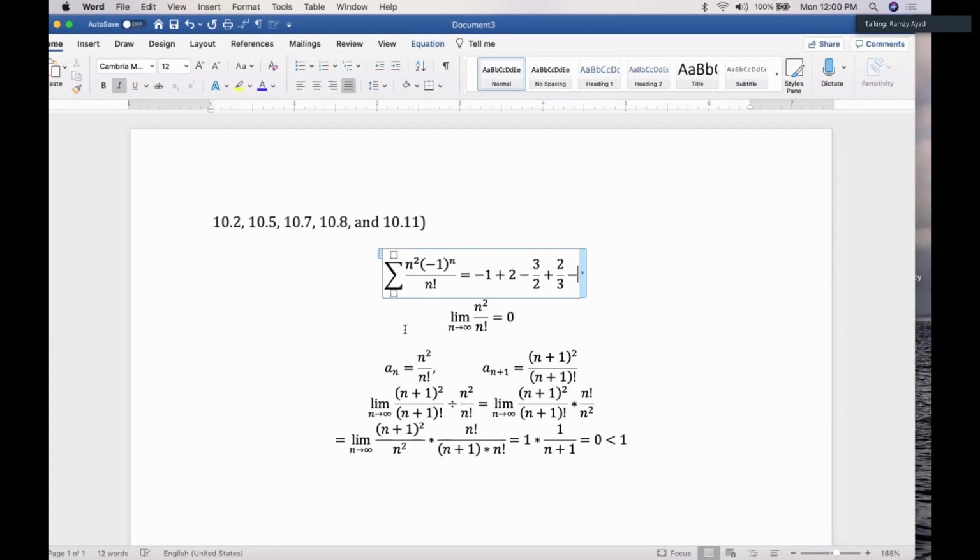Just one more. 25 over 120. Can I divide by 5? Yeah, 5 over 24. 120 divided by 5 is 24.